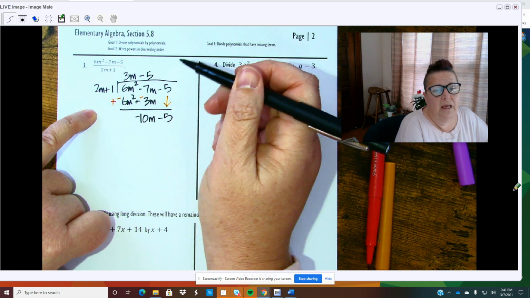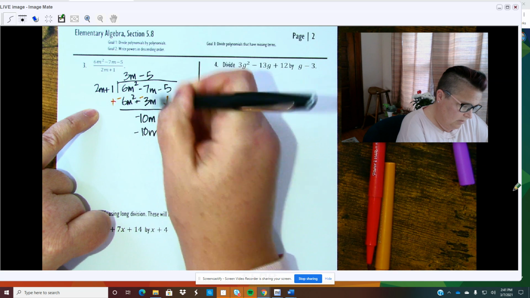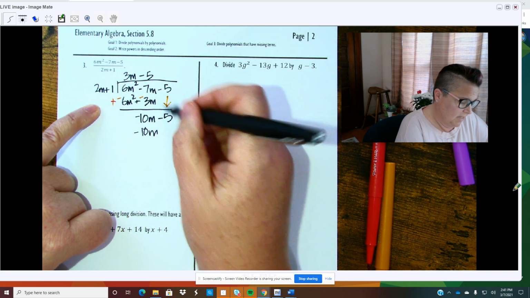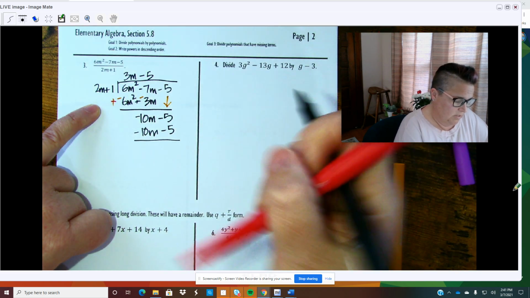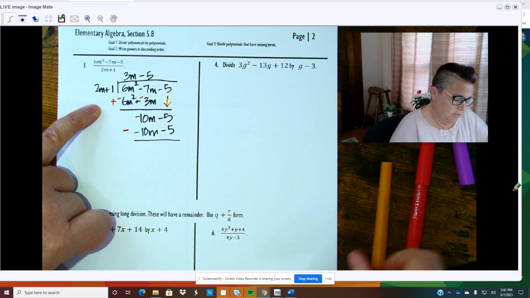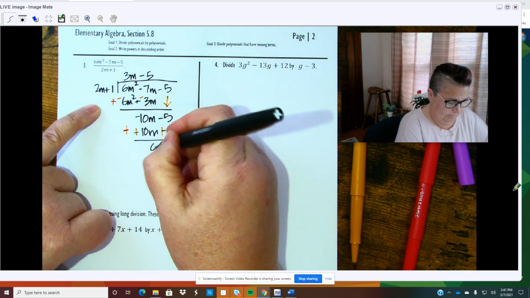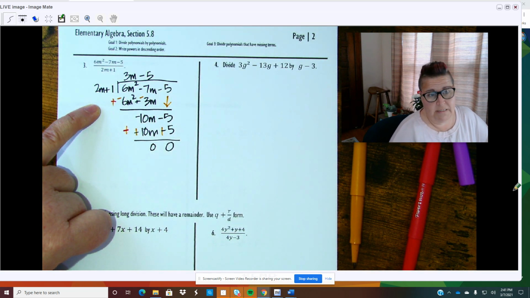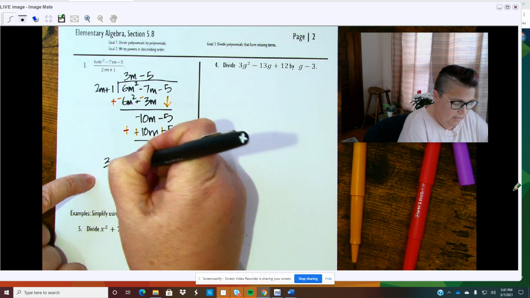Multiplying back, I have a negative 10m. Negative 5 times 2m is 10m. Negative 5 times 1 is a negative 5. Now I want to subtract, which is the same as adding the opposites. So I zero out, and I get an answer of 3m minus 5.